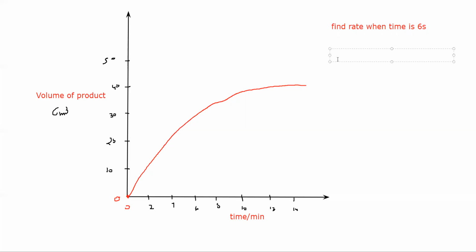So what we will do is mark a point where we want to find the rate. Then we will draw a tangent through that point. Then after drawing a tangent, we will find the gradient of the tangent.